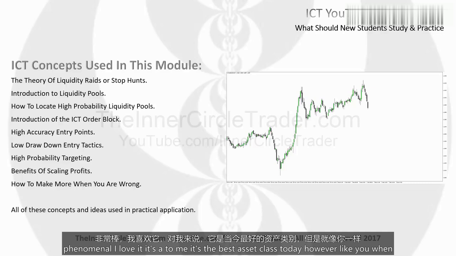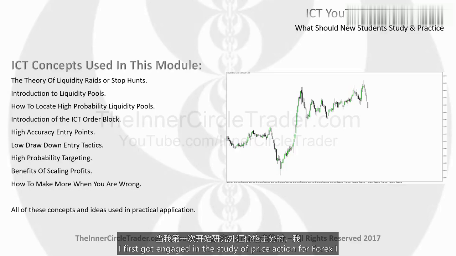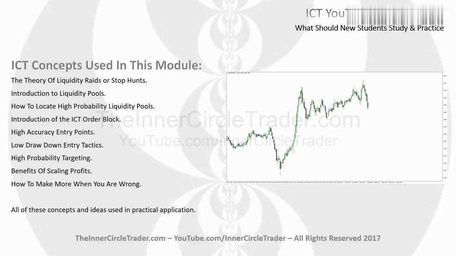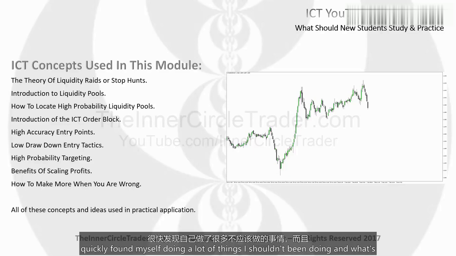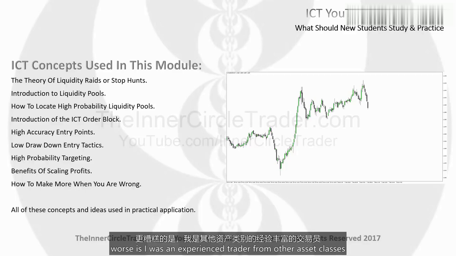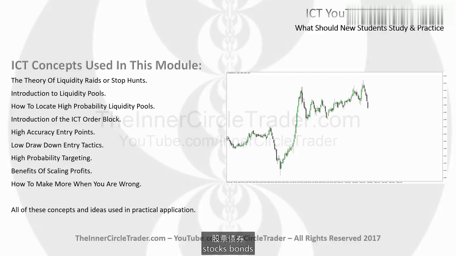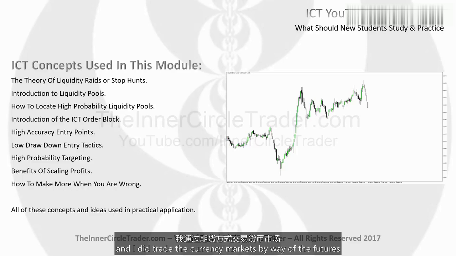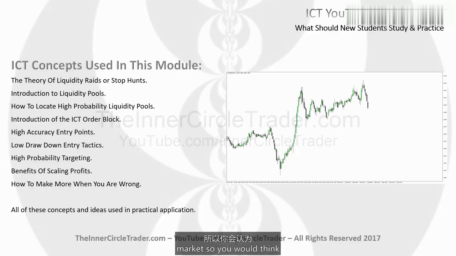However, like you, when I first got engaged in the study of price action for Forex, I quickly found myself doing a lot of things I shouldn't have been doing. And what's worse is I was an experienced trader from other asset classes: stocks, bonds, commodities. And I did trade the currency markets by way of the futures market.